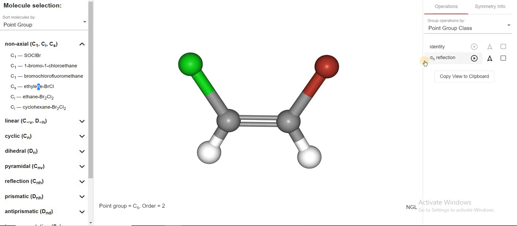Why? The order of a group is the number of symmetry elements present in that group, and here there are 2 elements, one identity, one sigma plane.